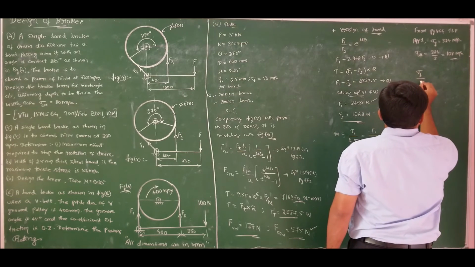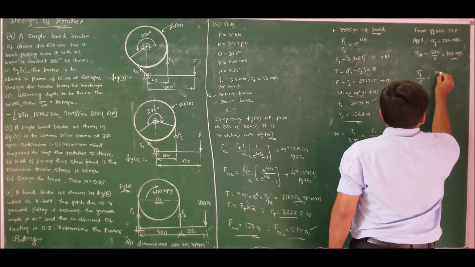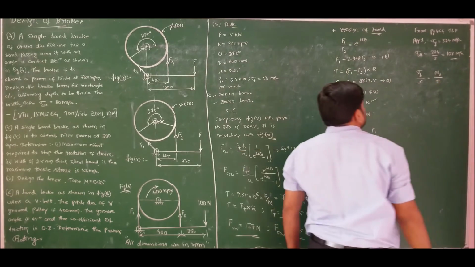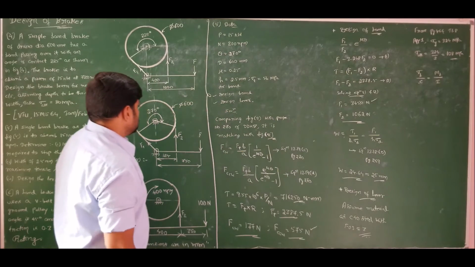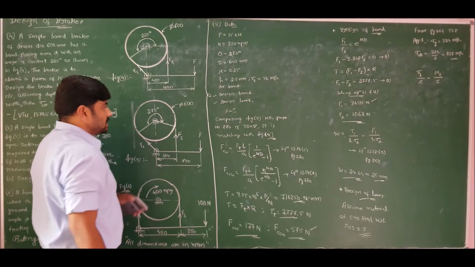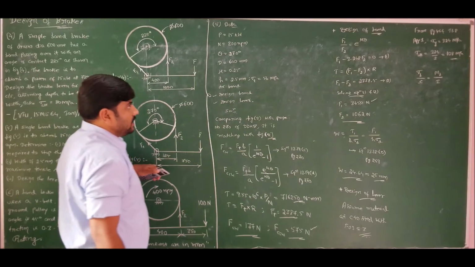Now we know that sigma B by C is equal to MB by I is the formula, where MB is maximum force required into perpendicular distance from the pin.